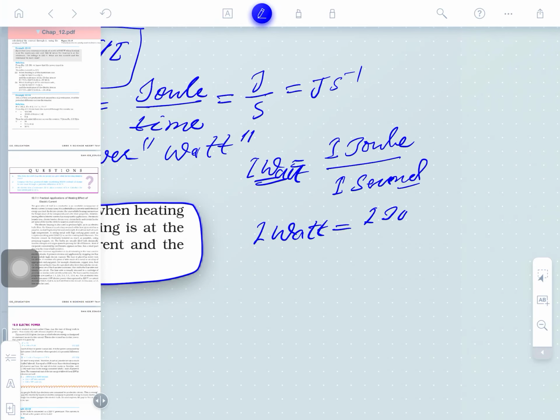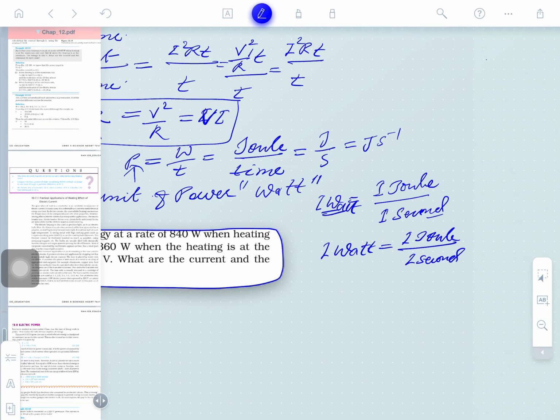We can say in this manner: if every second electricity is converted into 1 joule of heat, meaning any circuit, any appliance, any device converts electric energy into heat energy in such a way that every second it produces 1 joule of heat, then we say it's 1 watt of power.